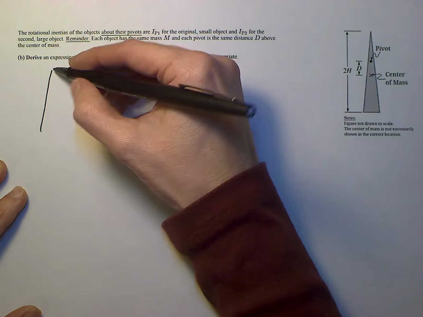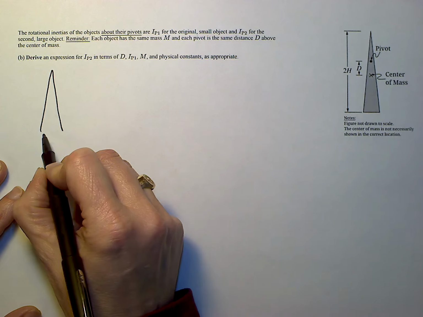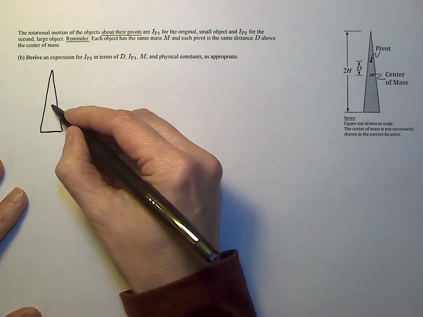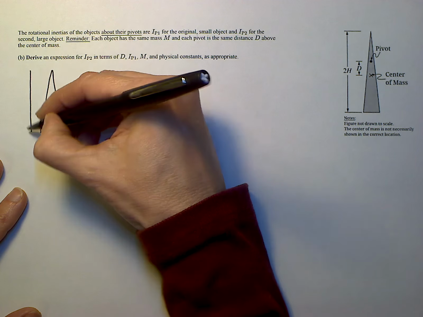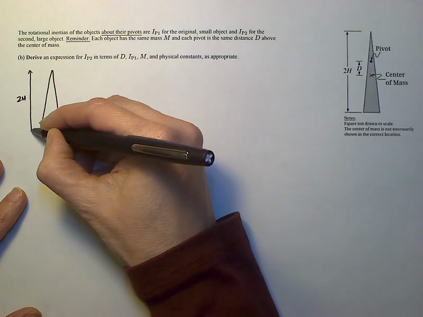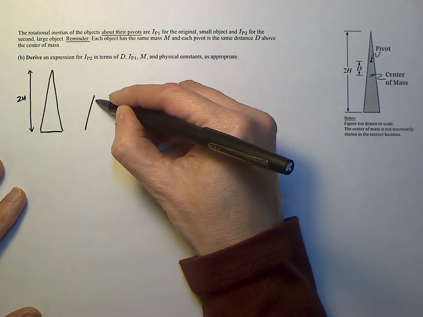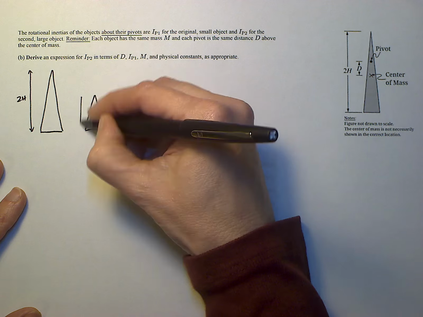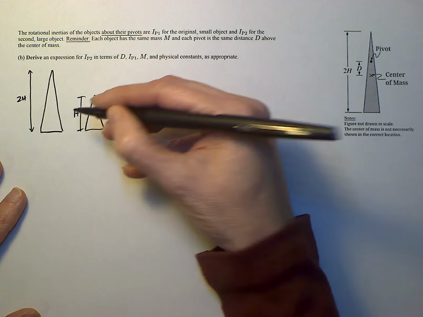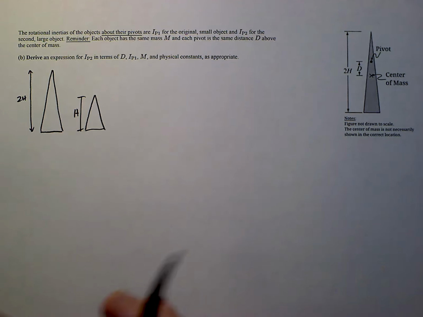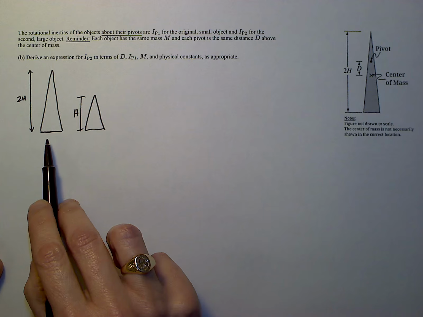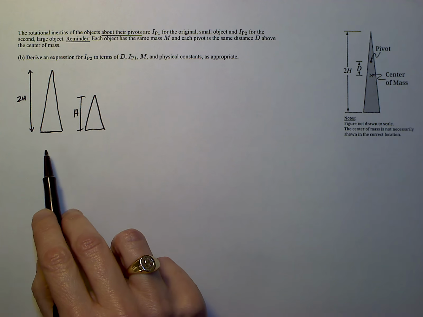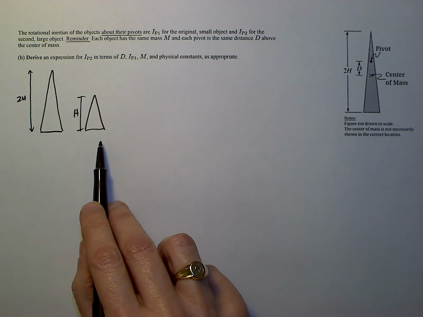If I kind of think about this, I wouldn't be writing this necessarily down on my paper, but if this is my second object, my larger object, that's 2h tall, and then I've got my shorter object here, and that's only h. All right, and they have the same mass. They're just different in terms of their length. This is going to have 4 times the inertia of this.